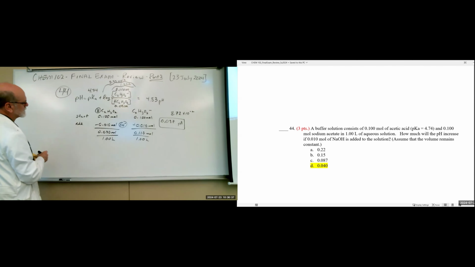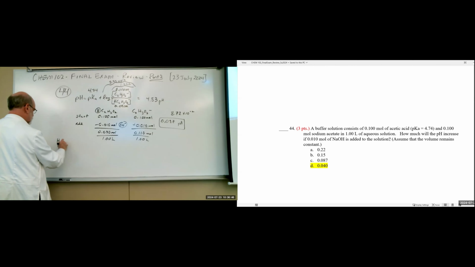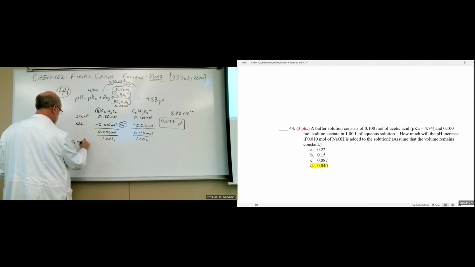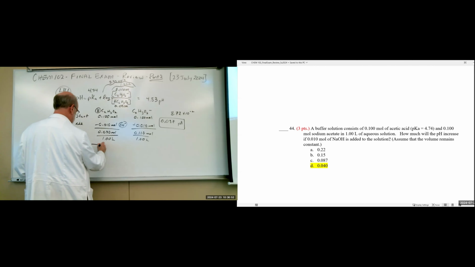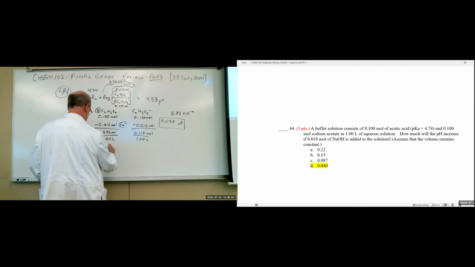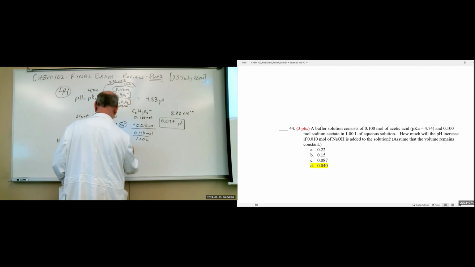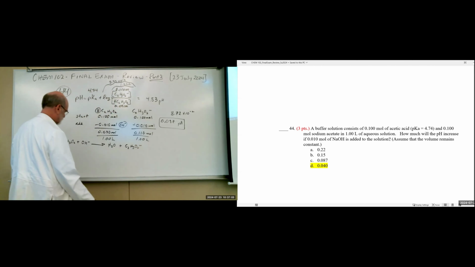So let's look at the reaction equation. Maybe that's the best way to do it. We've got C2H3O2 plus hydroxyl yields water plus C2H3O2 minus.